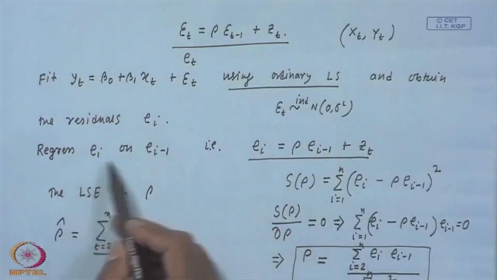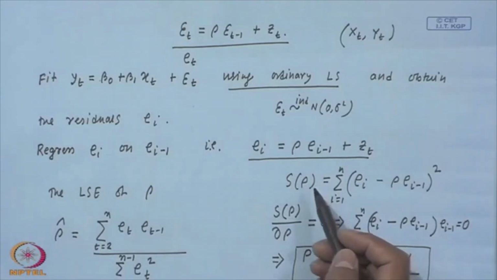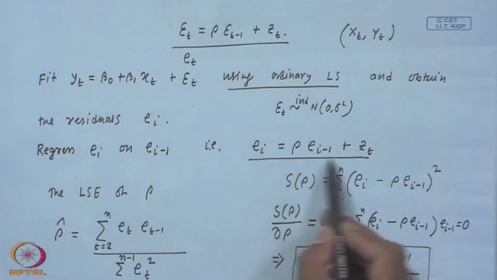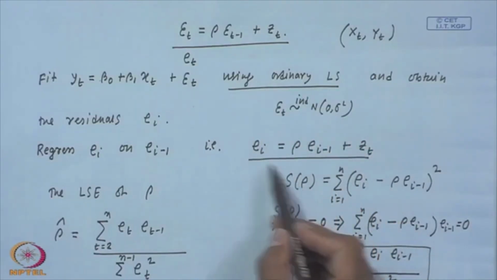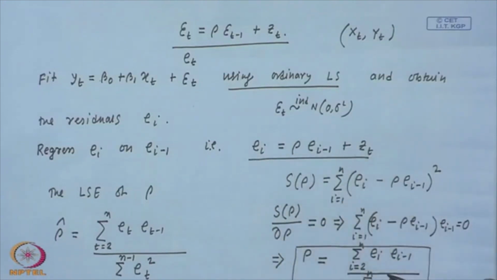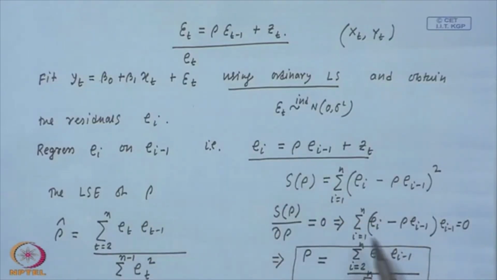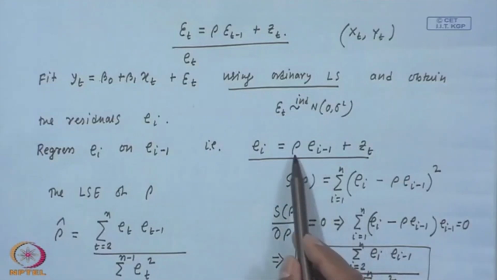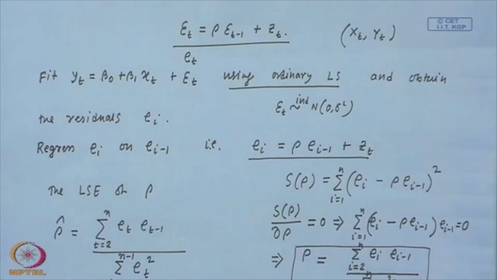Then you regress e i on e i minus 1, that is, you fit the model e i is equal to rho e i minus 1 plus z t, and the least square estimate of rho is this one. You have to estimate rho in such a way that this is minimum.